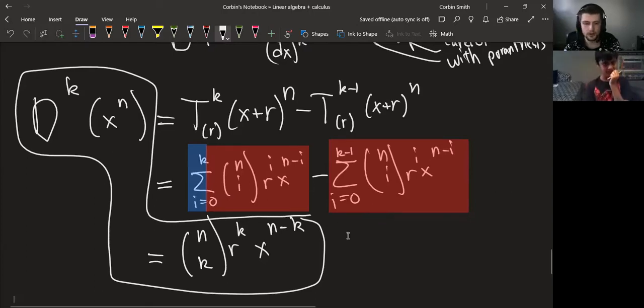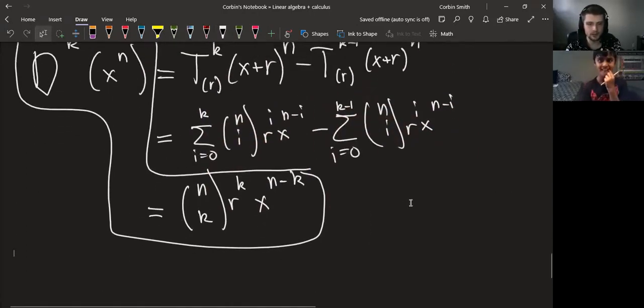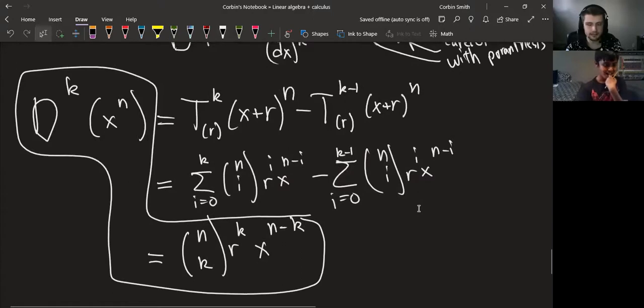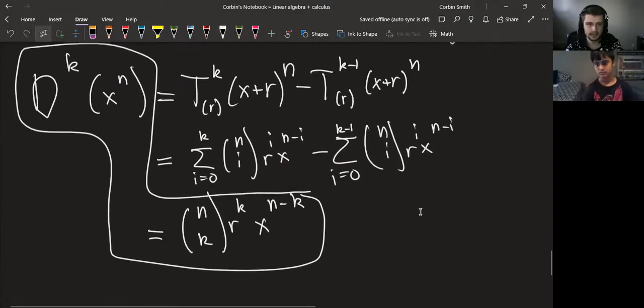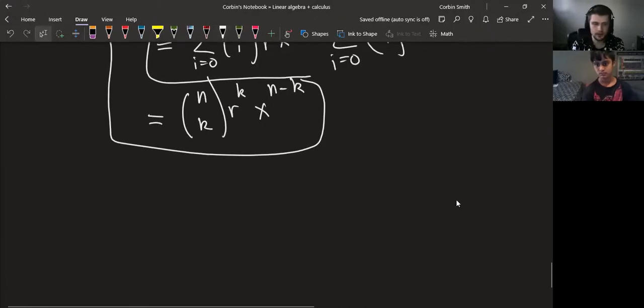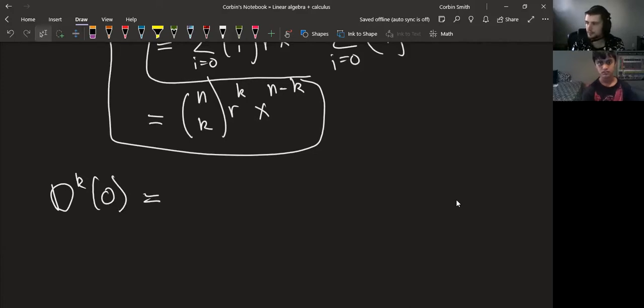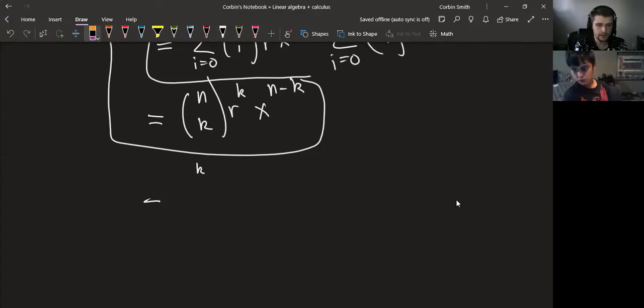Great. So what this implies for us as well is... what is d^k of 0? Well, that's going to be equal to d^k. Well, no, actually, let's do it this way first.